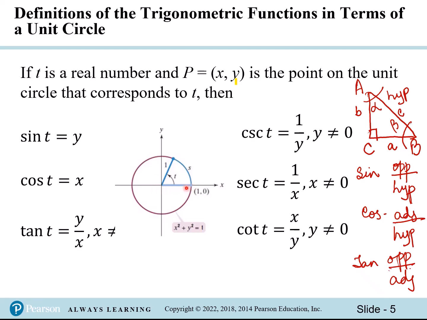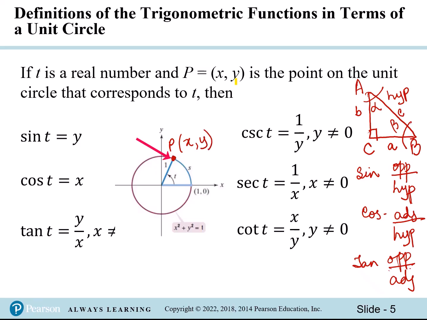So we take this terminal side and we take a point on the unit circle. So the point of interest is the point where the terminal side touches the unit circle. So this point here, and we are going to name that point P, and it's going to have an x and a y coordinate.